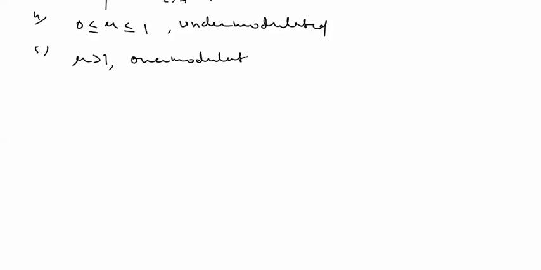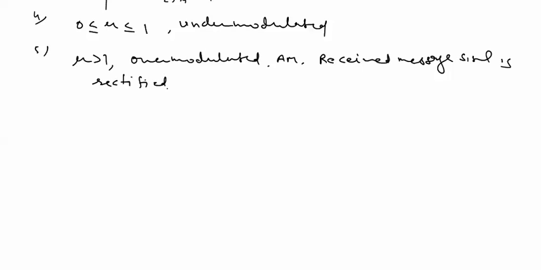If someone applies an overmodulated AM waveform, the received message signal is a rectified version of the message signal. We can't apply an overmodulated waveform on an envelope detector. If we apply it, we get a rectified version of the message signal.